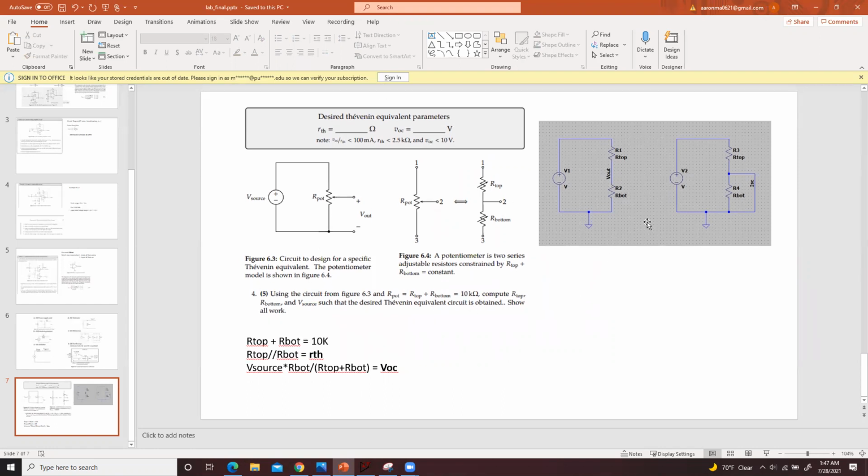And then for the next step, this is the first task in the in-lab portion. When you build the circuit to test the open voltage and also the short circuit current, this is the circuit to test the open voltage, or the output voltage. I think most students get this part right. But some students get this part wrong.